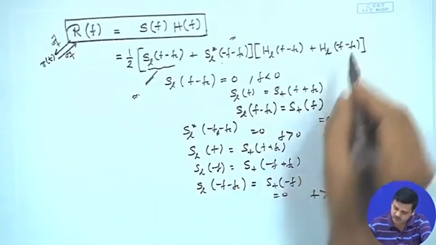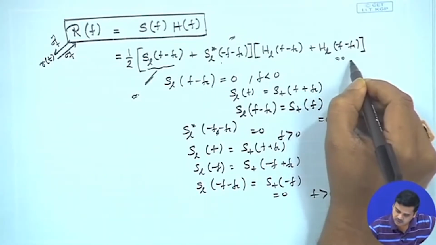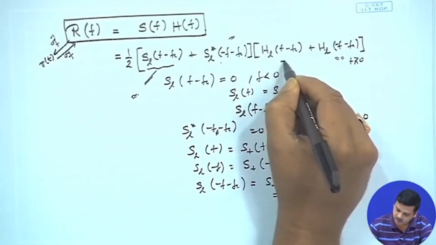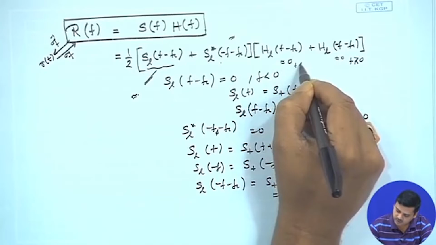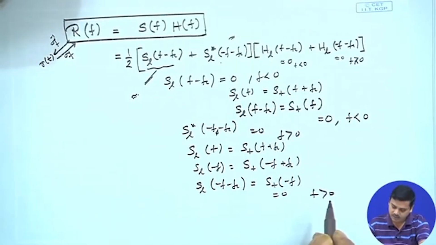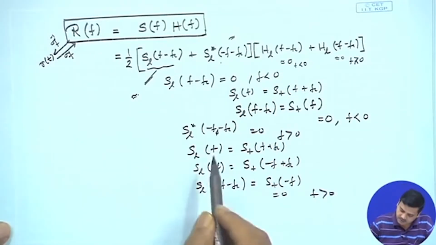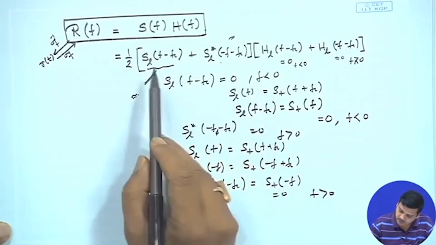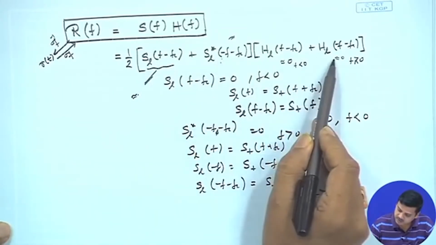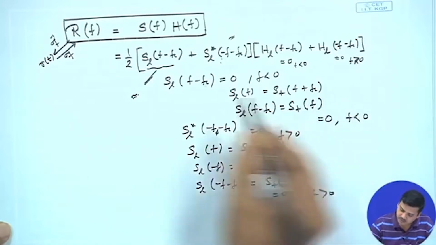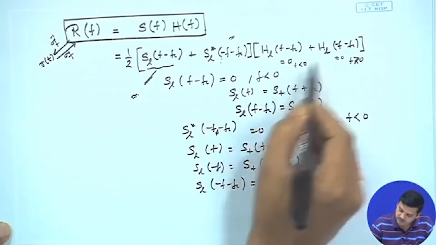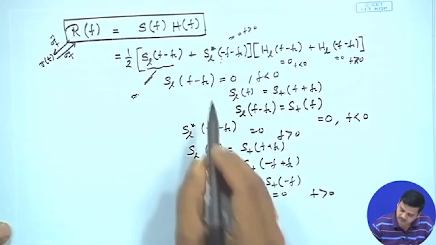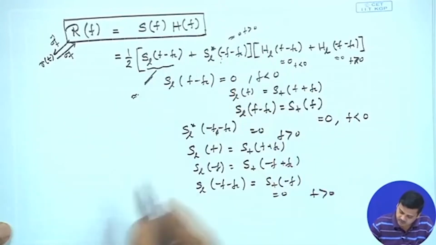So this is almost equal to 0 for f greater than 0, and this is almost equal to 0 for f less than 0 in the same manner. Now, for f less than 0, what we will find is only these two terms exist, right? Whereas for f greater than 0, this term goes to 0, so only these two terms exist.